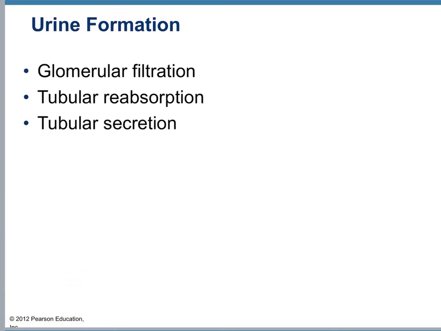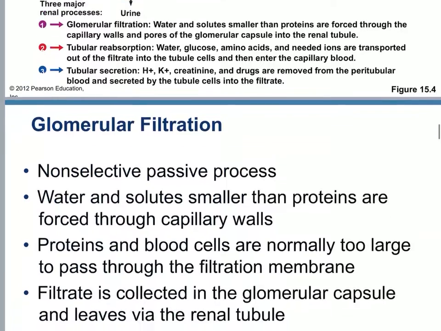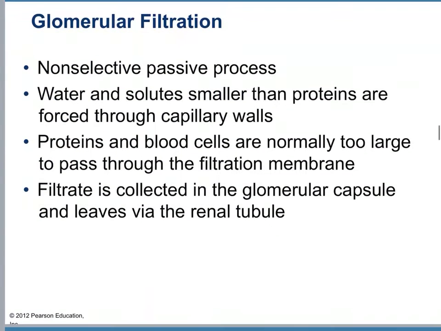3 different parts. Filtration in the glomerulus, in the Bowman's capsule. Then you have tubular reabsorption and tubular secretion. So first off, filtration in the glomerulus, in the Bowman's capsule. It's a non-selective process. Small things are forced through, such as water and things smaller than proteins, which are just amino acid chains folded over to make a certain shape.